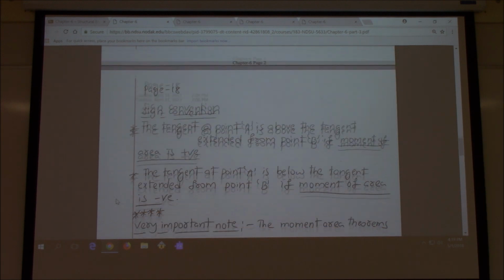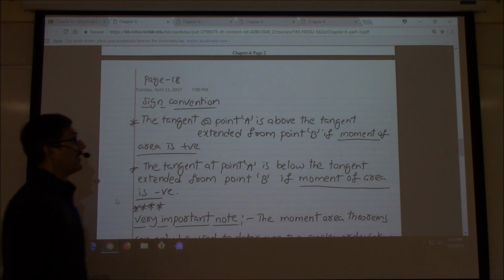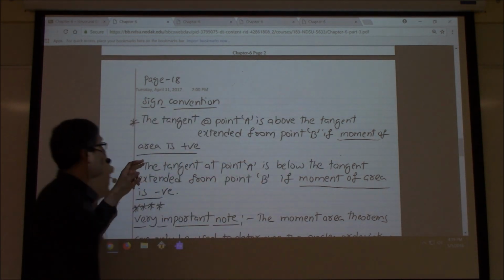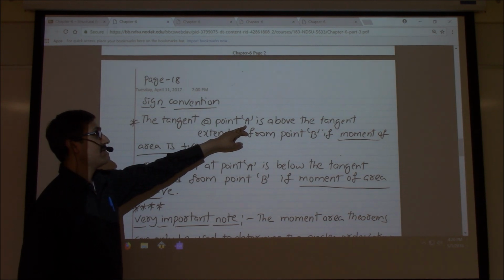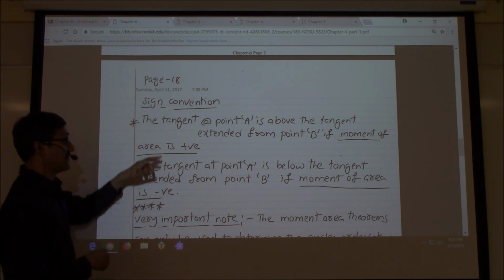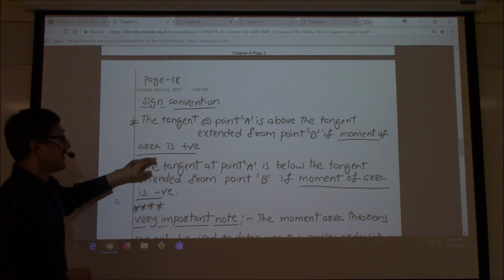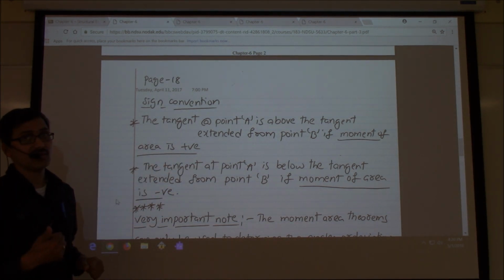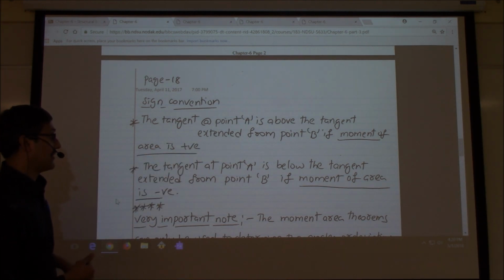The sign convention is, if your moment of area is positive, then the point of interest is above the tangent from which the deviation is measured. Once again, if the moment of area is positive, that means your point of interest is above the tangent that you used in order to measure the deviation.